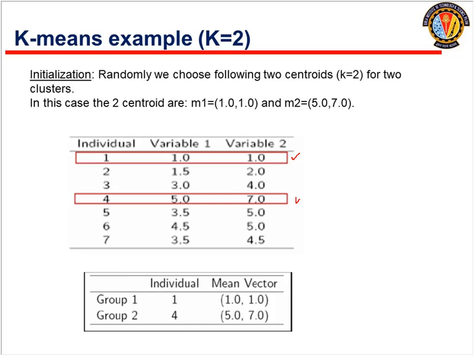let's say point number 2. Now you have to find to which cluster it is nearest, cluster 1 or cluster 2. Can you find out?